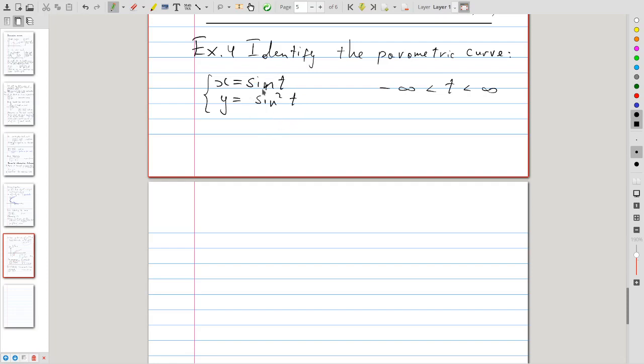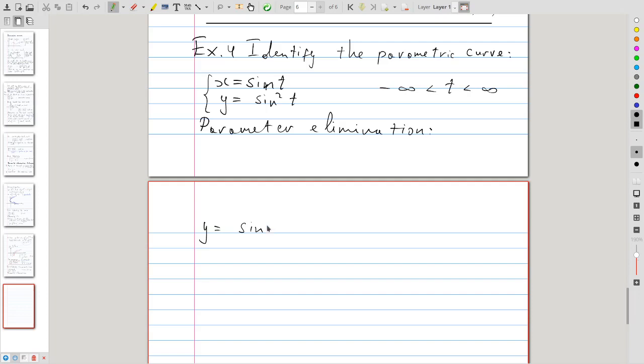directly, because it gets rather tedious to express t through x by applying the inverse sine and so on. The easiest way to go about the parameter elimination here is to observe that y is sine squared of t, right?